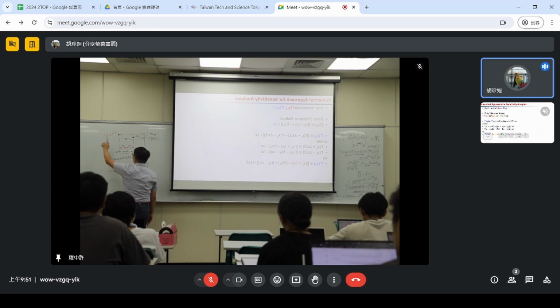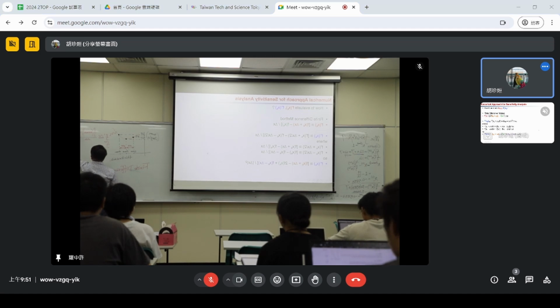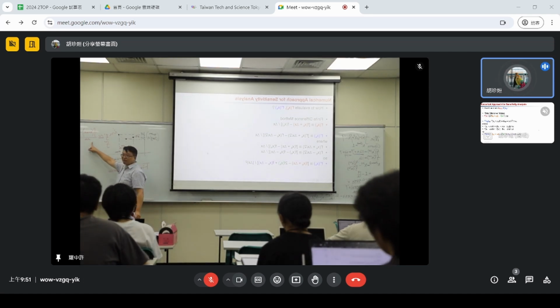So f prime can be approximated by actually this. This is what you said, limit, right? But this is the approximation of limit. Calculus.